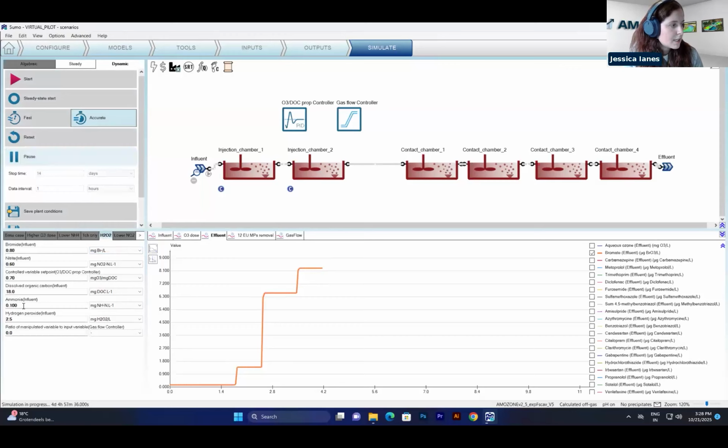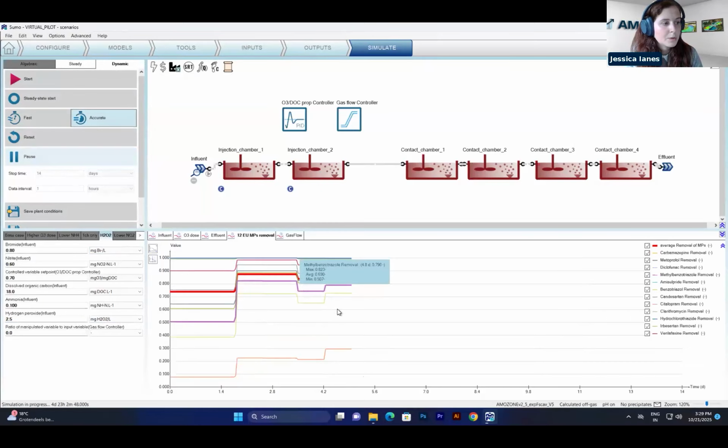Dosing just a little bit of hydrogen peroxide, 2.5 milligram per liter, can significantly reduce the bromate formation, as you can see here, because hydrogen peroxide reacts with ozone to form hydroxyl radicals, and it consumes ozone and stops the reaction towards the bromate formation. At the same time, we also have a slight increase in the micropollutant removal, because of the reaction of these compounds with hydroxyl radicals.